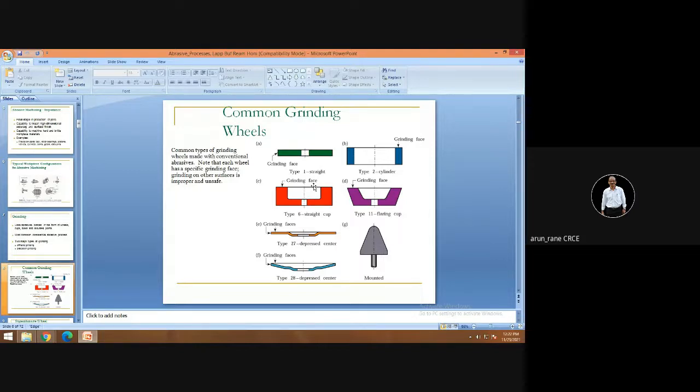When you are tightening the nut, you have to tighten carefully, because if you apply more force, the grinding wheel will develop a crack inside. So you should be very, very careful when mounting the grinding wheel on the machine. That's why I told you, you need to have experience.